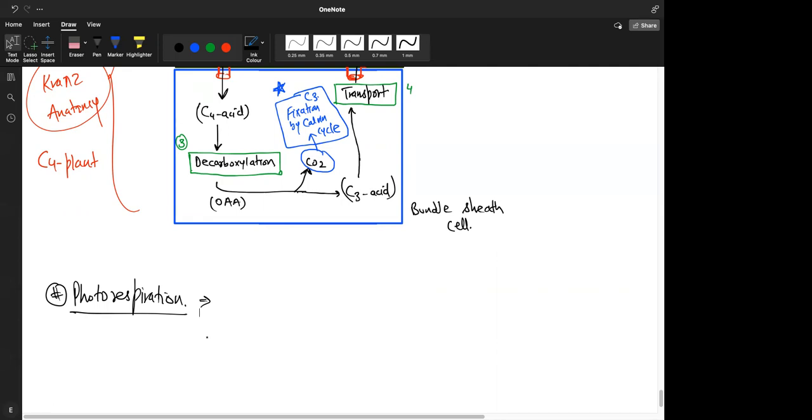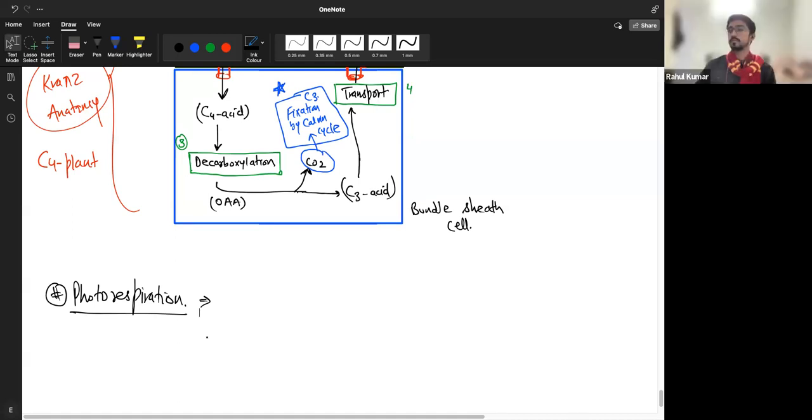Yes, sir. Write down, this pathway is called photorespiration. So photorespiration only happens because of the oxygenase activity of Rubisco. So Rubisco's dual nature is responsible for photorespiration.